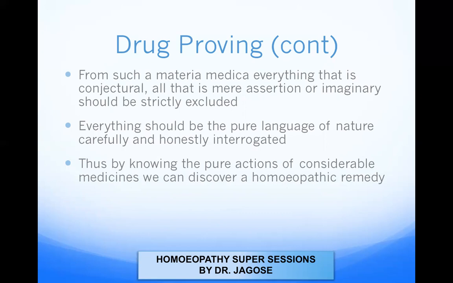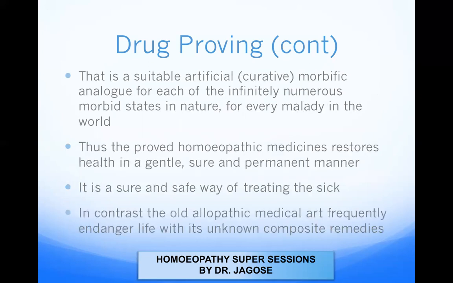So that means whatever symptoms the prover is writing down, the master prover has to carefully and honestly interpret and write it down. Thus, by knowing the pure action of considerable medicines, we can discover a homeopathic remedy, that is a suitable artificial curative morbific analogue for each of the infinite numerous morbid states in nature, for every malady in the world.